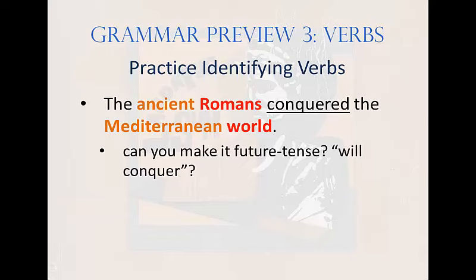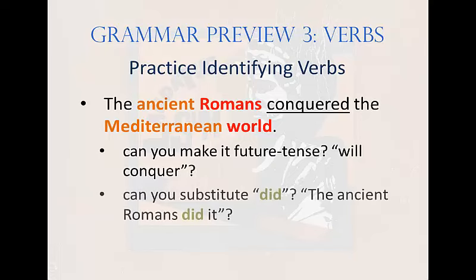Can you make conquered future tense? Remember to use the base word conquer. Can you say will conquer? Sure, that makes sense. What about the do rule? Can you substitute a form of do? Bear in mind, you might have to put do in the appropriate tense for this context. That is, use did or done or some other form of do.